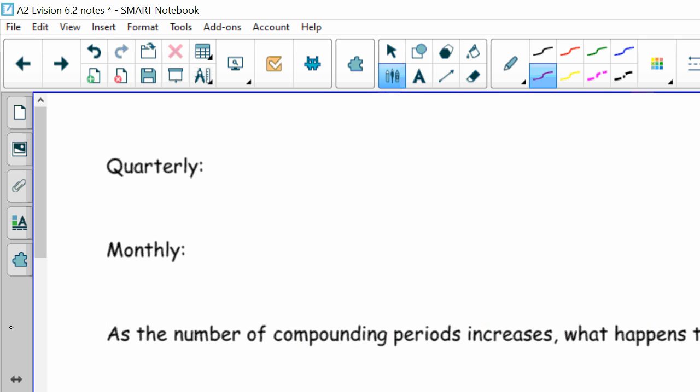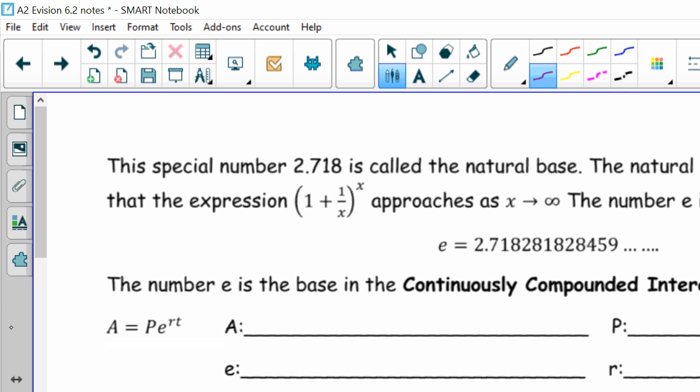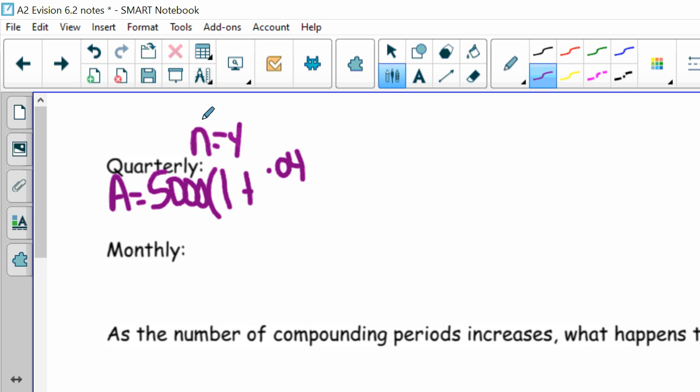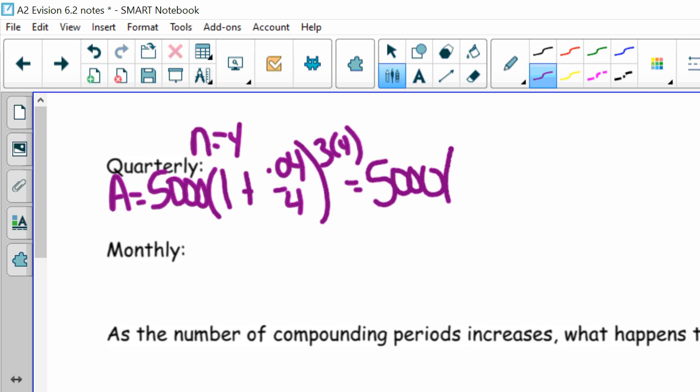Now let's go to the quarterly and the monthly. Again, everything stays the same except this time, quarterly, our n becomes 4. So we're going to have A equals 5,000 times 1 plus 0.04 divided by 4, to the 3 times 4 power. 0.04 divided by 4 is 0.01, so add 1 to that: 1.01, and 3 times 4 is 12.